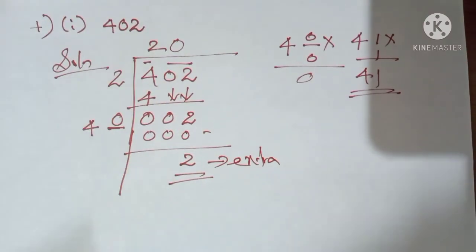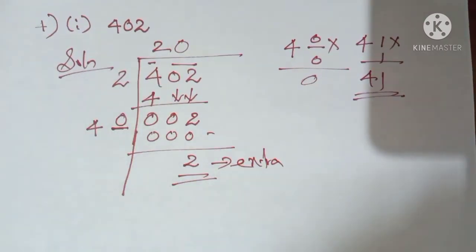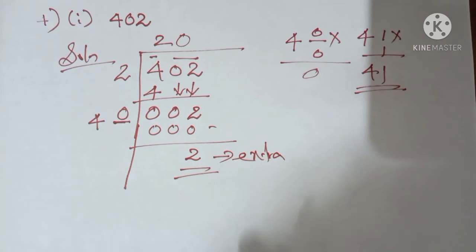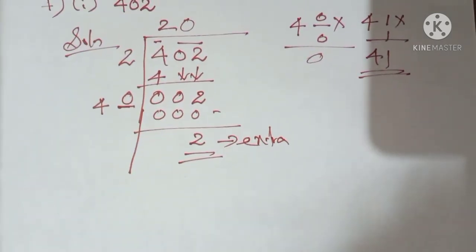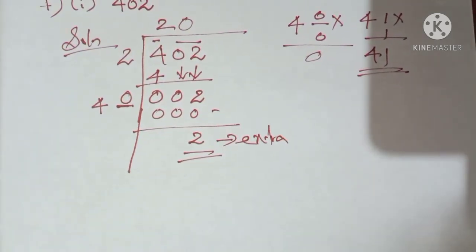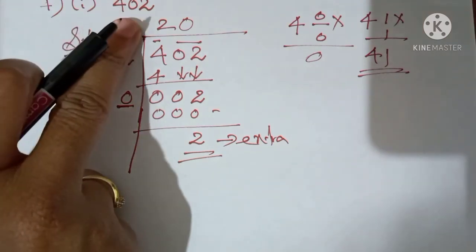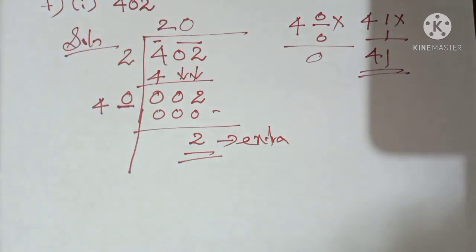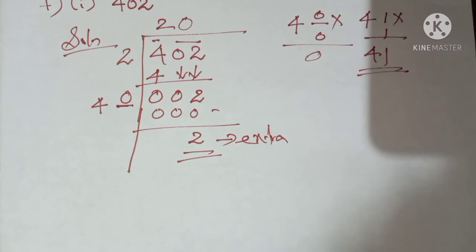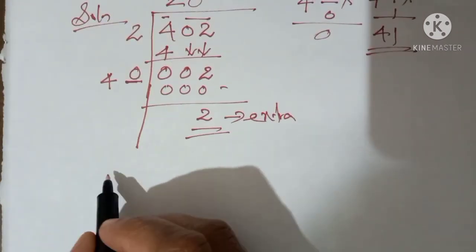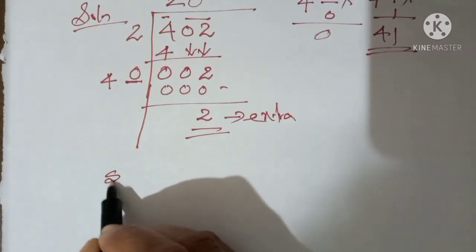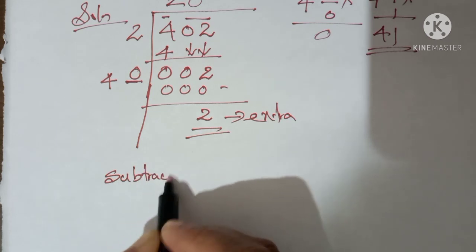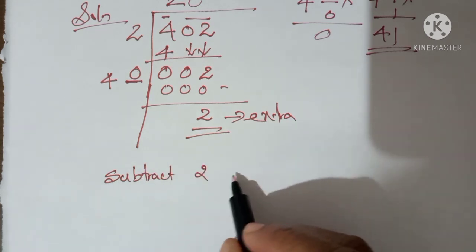Now 402 is not a perfect square. That's why we are getting it like this. Now this is the extra number. What is mentioned in the question? We want to subtract from 402 the least number to get a perfect square, right? So subtract 2.